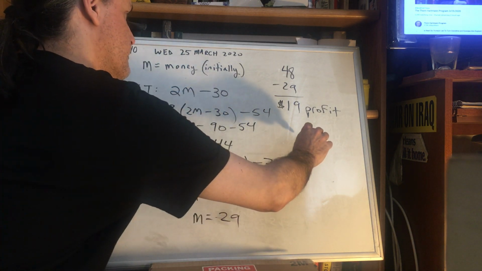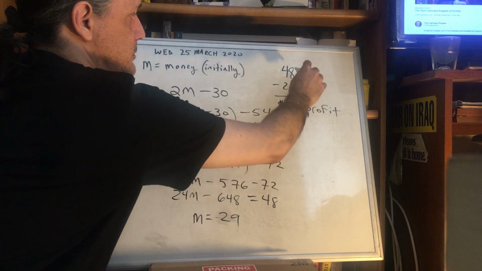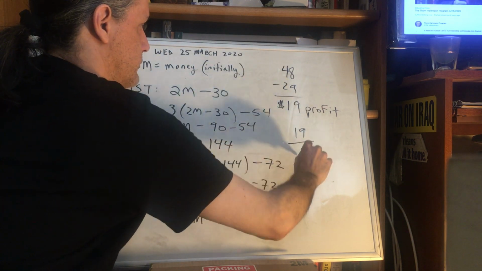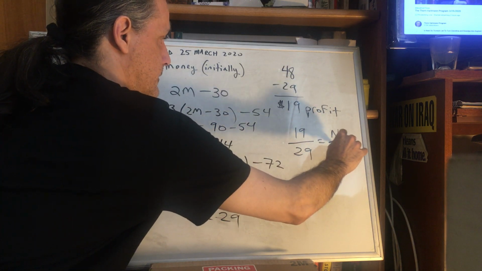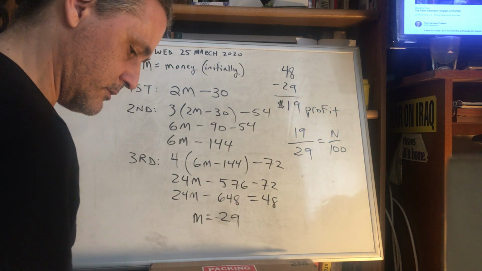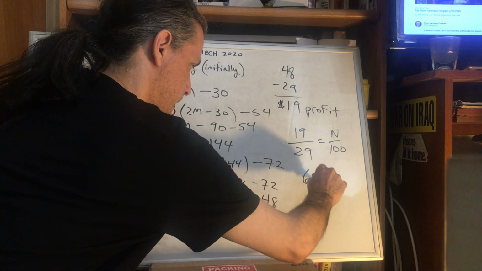All right, so what do we do? New minus original, right? So 19 over the original, which is 29, equals the number per 100. And so when you do this, you wind up with 65%.